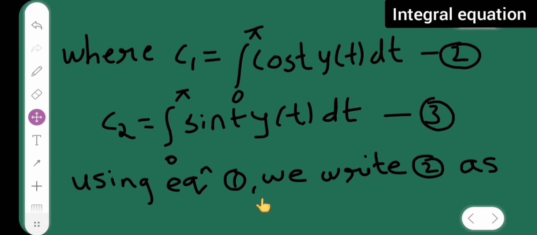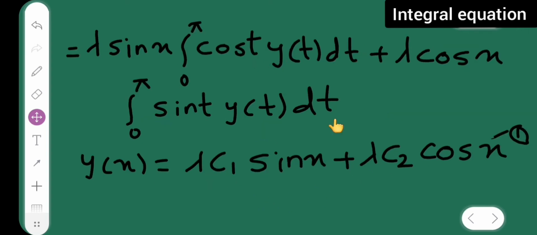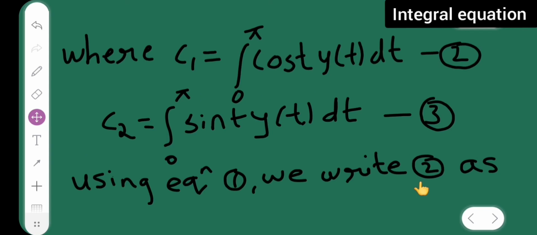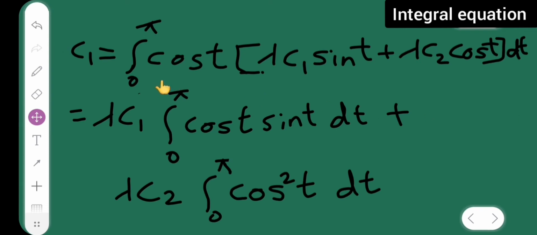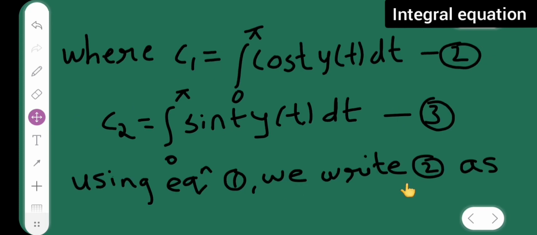Next, using equation 1, we write 2 as, so I will be using equation 2. C1 is equal to integral from 0 to pi cos of t.